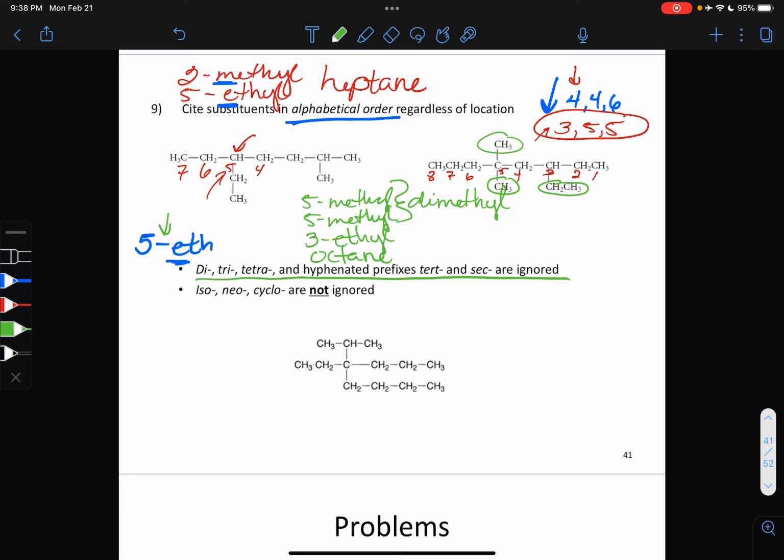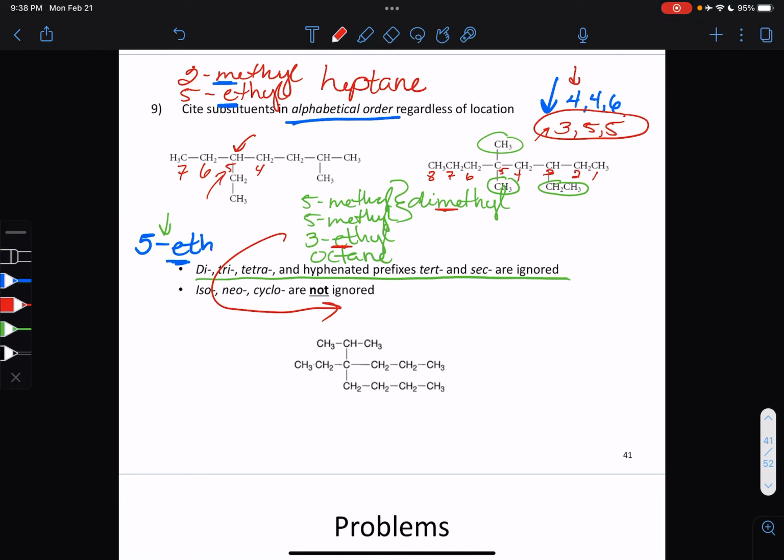I know, and I'm so sorry about that. So E will come before M because we are not going to count di in the alphabetization. So we don't look at that D of di. So I'm going to write it down below here so I have some more room.